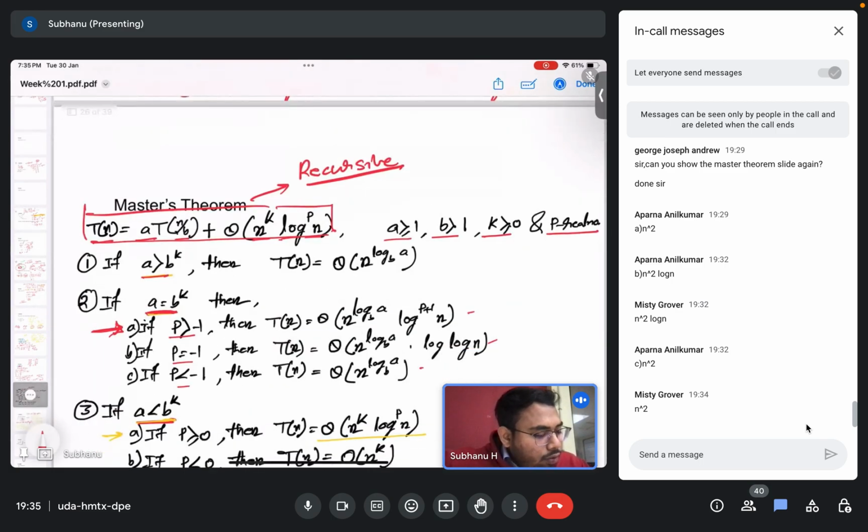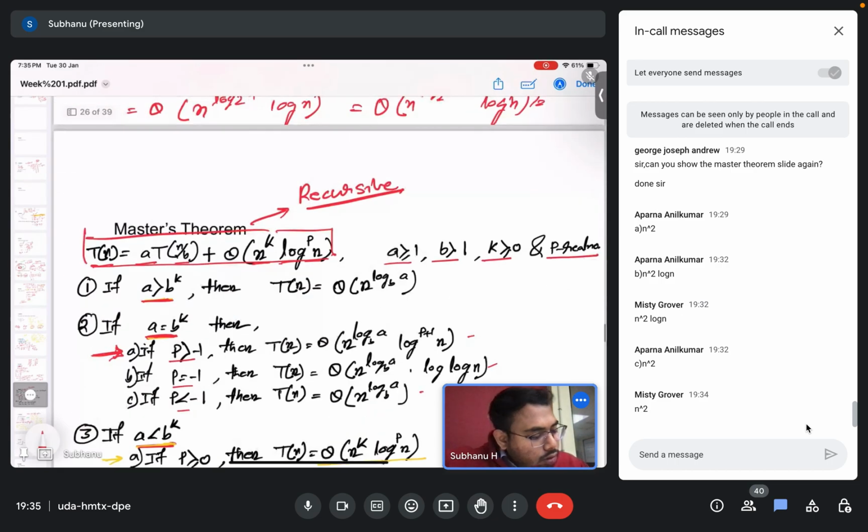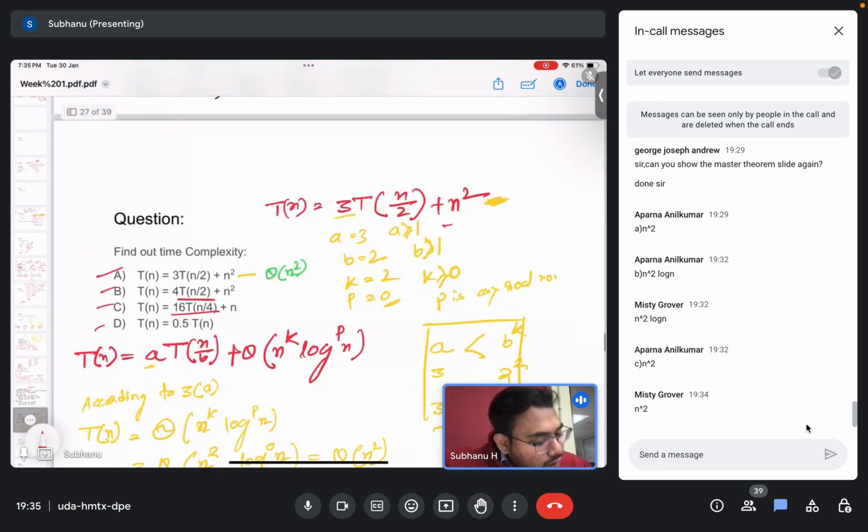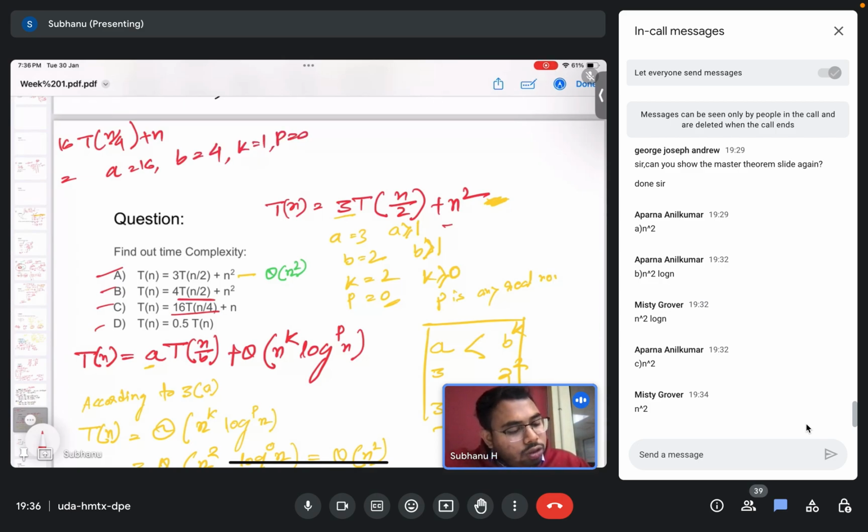So a is basically 16, b is basically 4, k is equal to 1 and p is equal to 0.